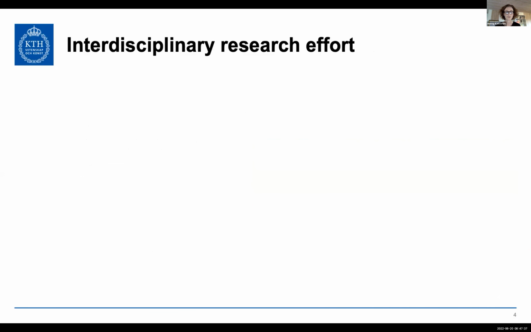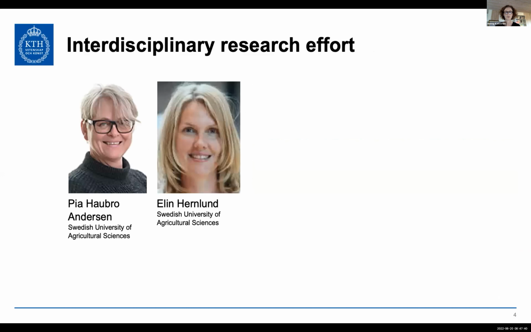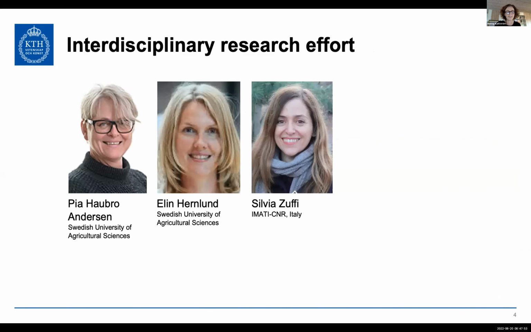So in order to achieve methods for automatic analysis of horse behavior, we have gathered an interdisciplinary team consisting of veterinarians at the Swedish University of Agricultural Sciences, and also we collaborate with Silvia Zuffi, who is an expert in really detailed 3D tracking of animal pose and shape.